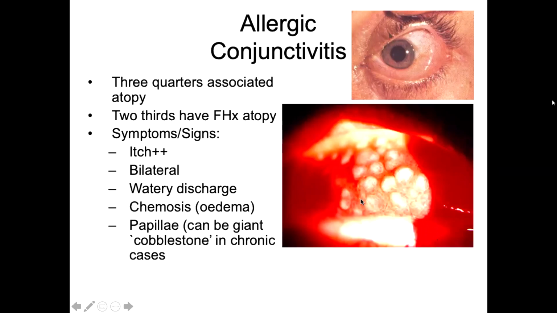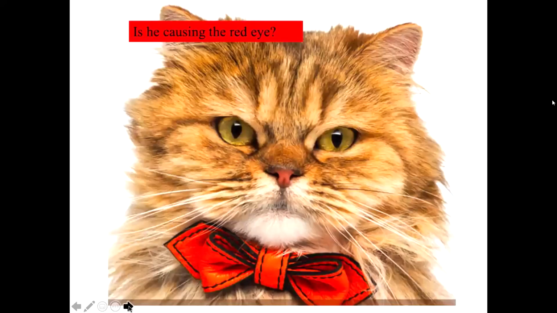These are actually giant papillae, right? Giant papillae reactions due to allergic conjunctivitis. So sometimes we don't know who is causing this allergy. Somebody quite close can be causing the problem. So ask for the history and pet history also.